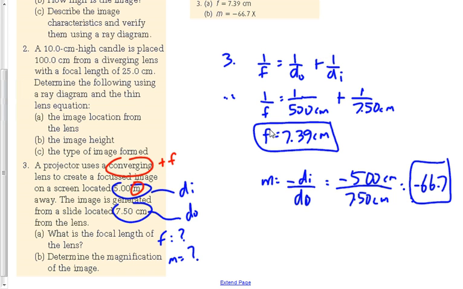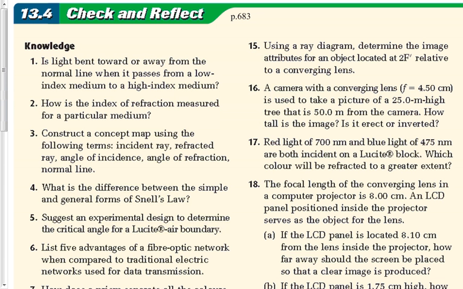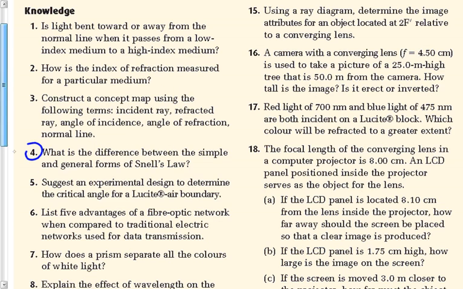All right, the second bit of homework that was due for today was page 683, number 1 to 2, 4 to 5, and 7 to 14. Any answers to those questions, please, on 683? Number 4, I heard. I got 4, 8, 10.